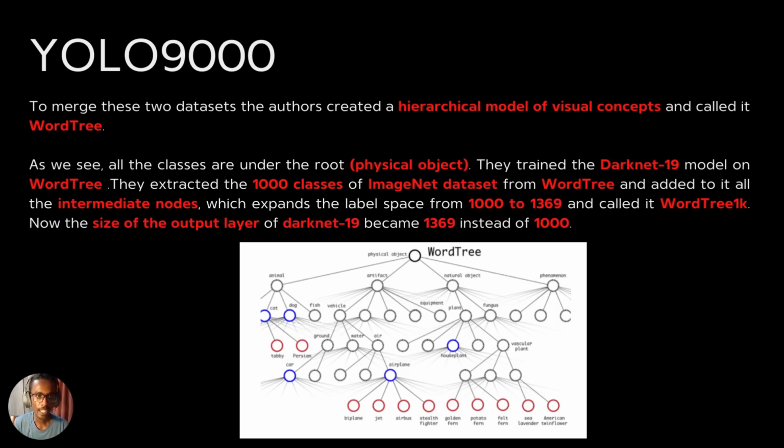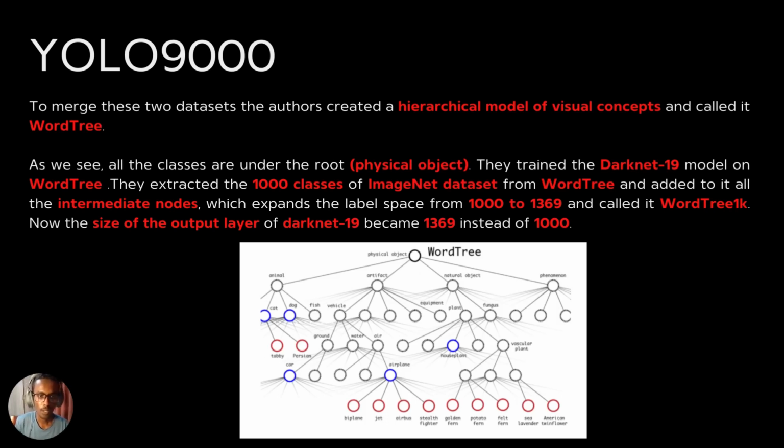They trained the Darknet-19 model by using the WordTree. They extracted the 1,000 classes of the ImageNet dataset from the WordTree and added all the intermediate nodes. So they extracted all of the 1,000 classes from the ImageNet dataset, and put them as labels for all of the intermediate nodes as we go from the top to the bottom, which expands the label space from the original 1,000 classes to 1,369, and called it the WordTree 1K.